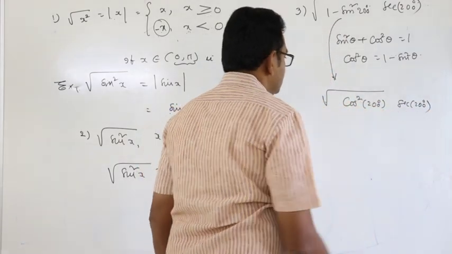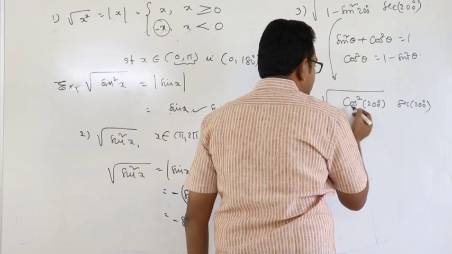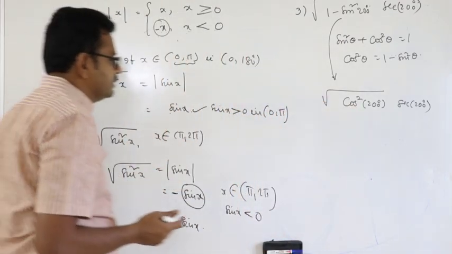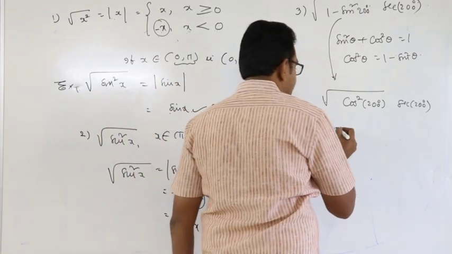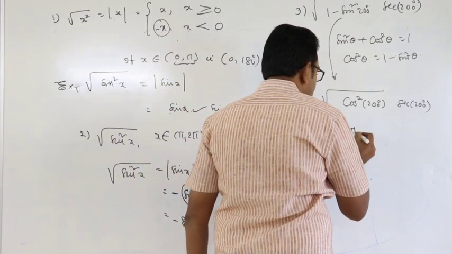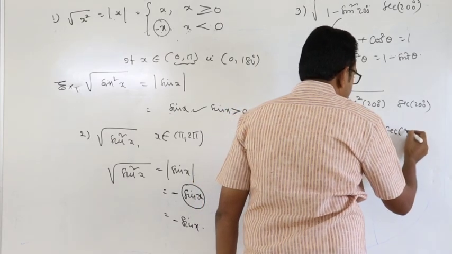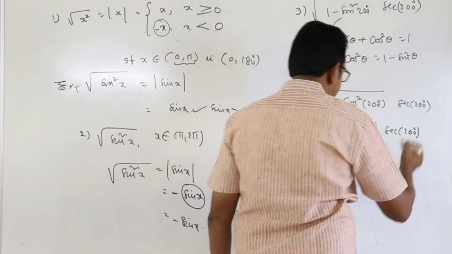By the definition, root of x square equals mod x. So this is mod of cos of 200 degrees into secant of 200 degrees.